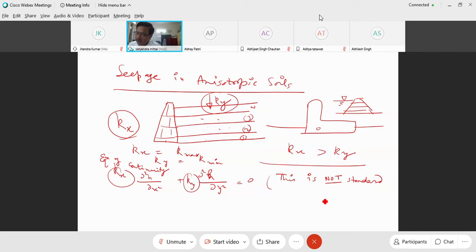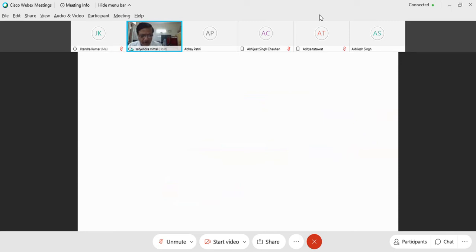Therefore, for such situations, if it is not a proper Laplace equation, we cannot draw the flow net, because we cannot get confocal or curvilinear squares, because it is not a true Laplace equation. Therefore a modified Laplace equation needs to be developed.